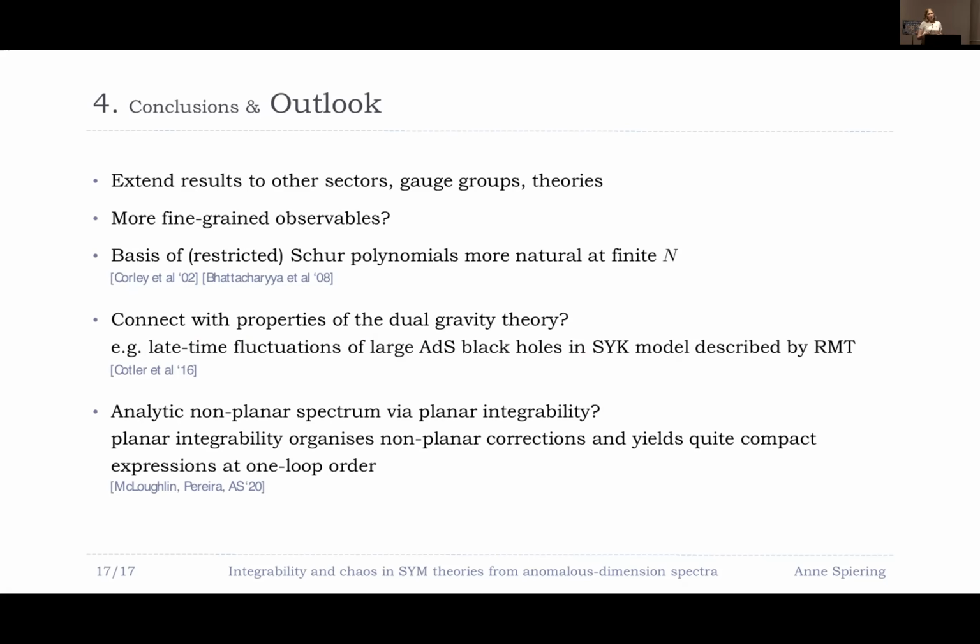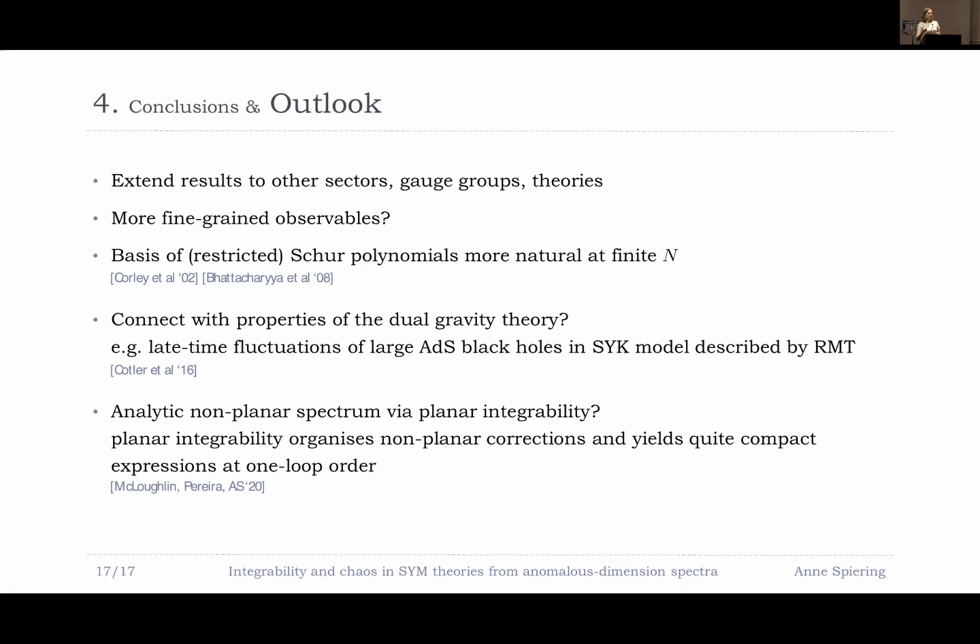And then also going forward, in our analysis we looked at the nearest neighbor spacing distribution, and this can really tell us whether it's Poisson or random matrix theory, and what ensemble. In the paper, we also looked at a long range observable, the spectral rigidity, and that also can tell you whether it is Poisson or random matrix theory.